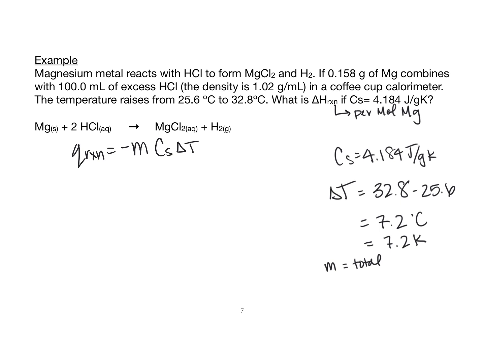So we're going to take our 100.0 grams of water, multiply that by a density of 1.02, and that's going to give me 102.0 grams. So the total mass is going to be 102.0 plus 1.58. Whoops. Hold on.